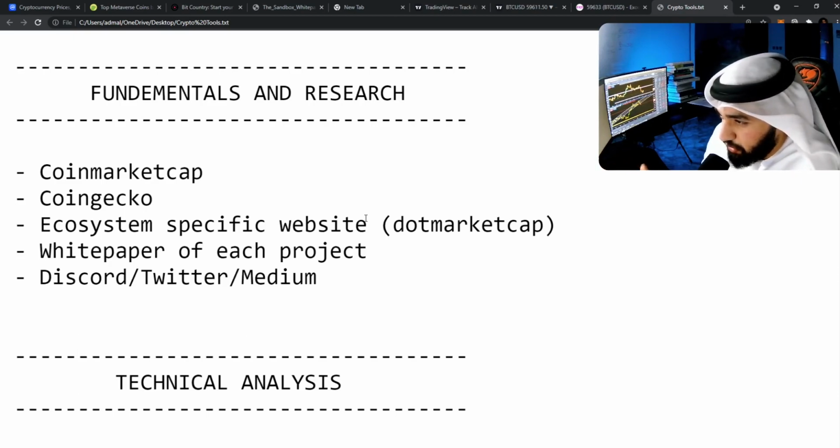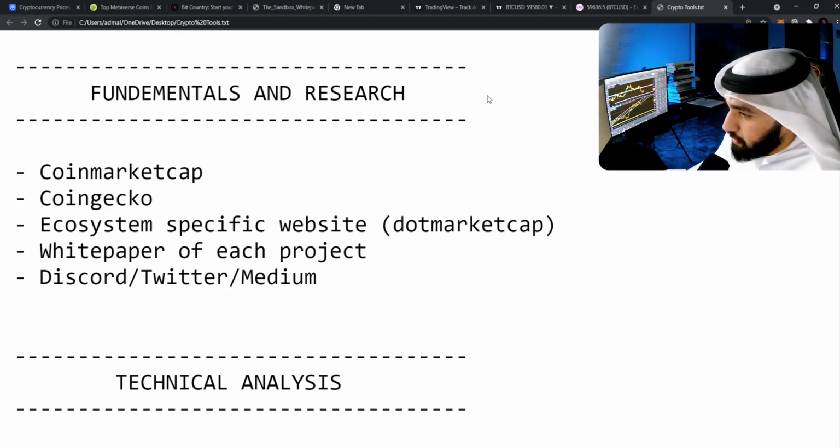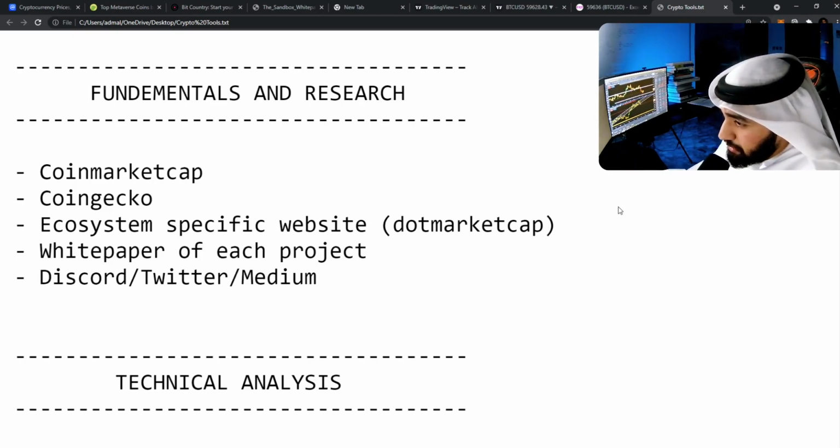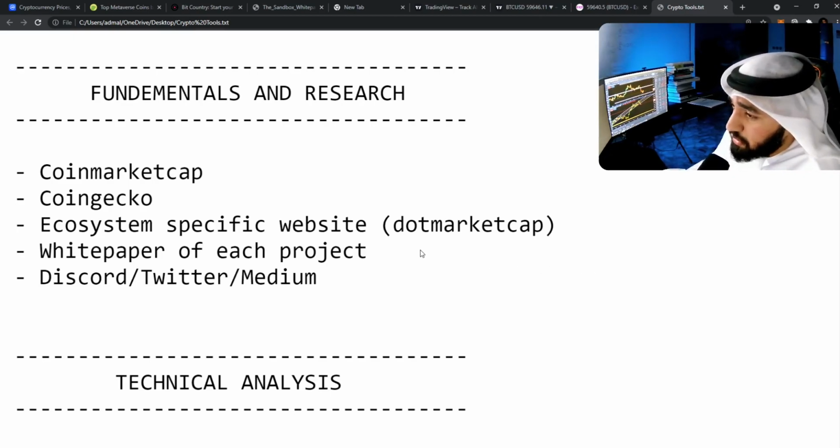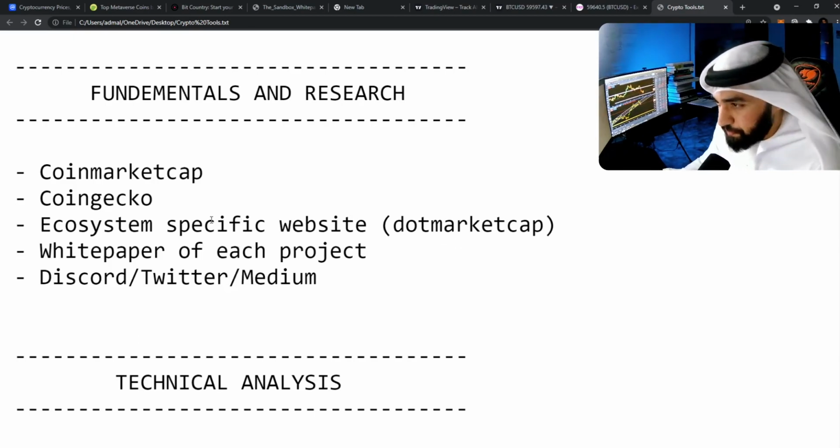If you found the DOT coin way before it started, you would see Gavin Wood as a co-founder and say, okay, this has potential to grow. This is risky, right? But it has potential to grow because he worked on Ethereum, and Ethereum is very successful. It has its flaws, but it has its communities, and NFTs are based on it, and all the dApps, the decentralized applications, are mostly based on Ethereum right now.